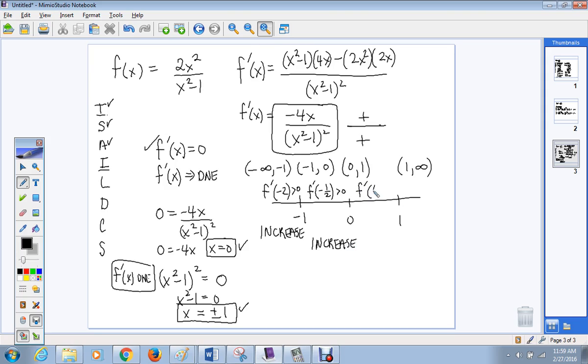Let's plug in 1/2 on this interval. And we can see that in the numerator, we're going to have a negative value this time, because negative 4 times 1/2 would give us a negative value. Therefore, a negative divided by a positive gives us a negative value. So we would be decreasing on this interval.